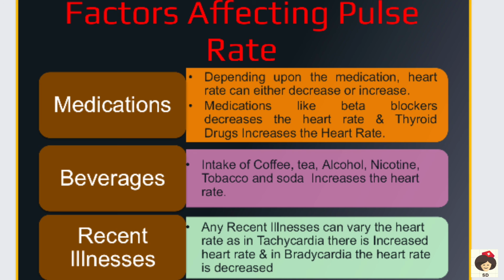Whenever there is vasoconstriction, the heart has to beat faster in order to move the blood through the narrowed arteries, so there will be an increase in the heart rate. And any recent illnesses can vary the heart rate. According to the illness, if there is tachycardia, there will be an increased heart rate, and in case of bradycardia, there will be a decreased heart rate.